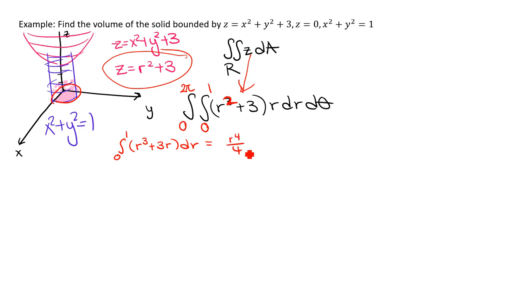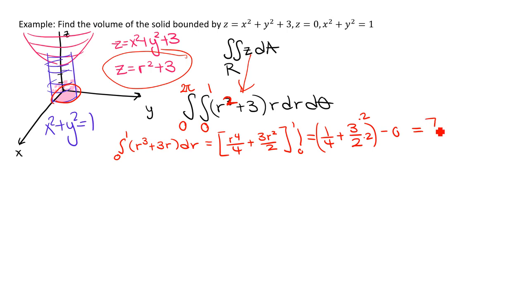That gives me r to the fourth over 4 plus 3r squared over 2. And then I'll plug in my bounds of integration, the 0 and the 1. And so I end up getting a 1/4 plus 3/2, and then technically minus 0. So this is 1/4 plus 6/4, or 7/4.